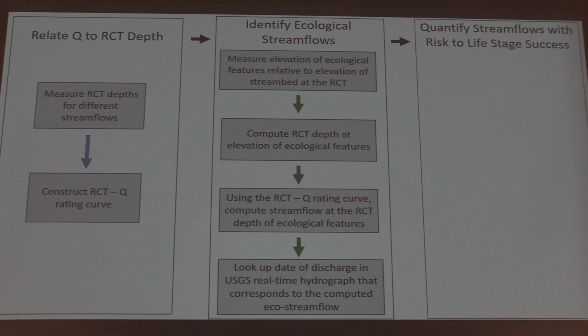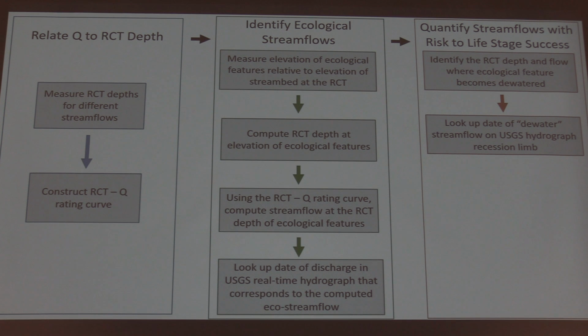So with the final step in these methods, with this information, I was then ready to quantify risk to dewatering of these redds. So the first step in doing that is identifying the RCT depth flow where those redds become dewatered, and then I can look up the date associated with that dewatering stream flow on the hydrograph data.